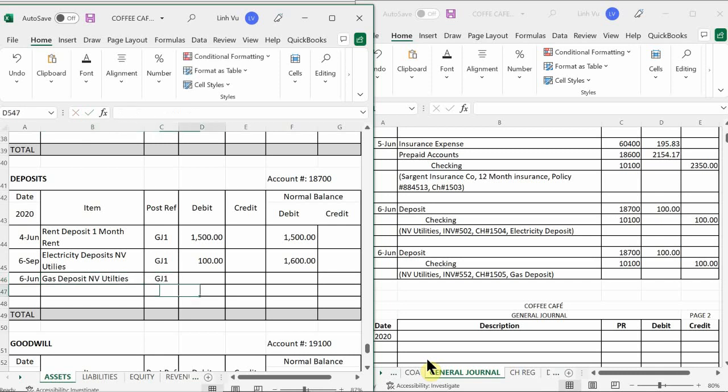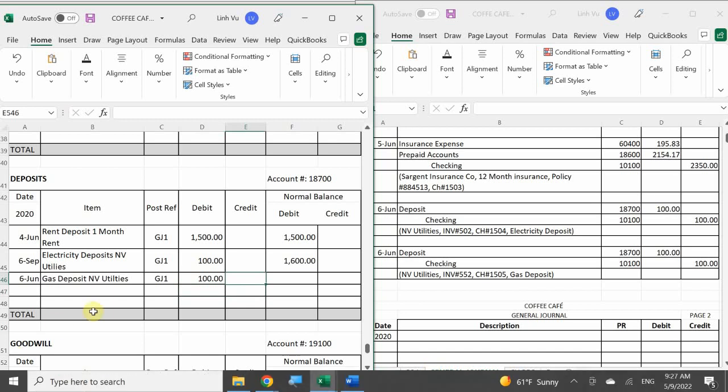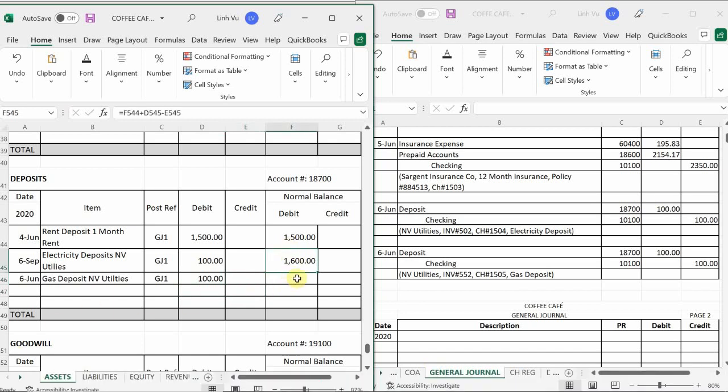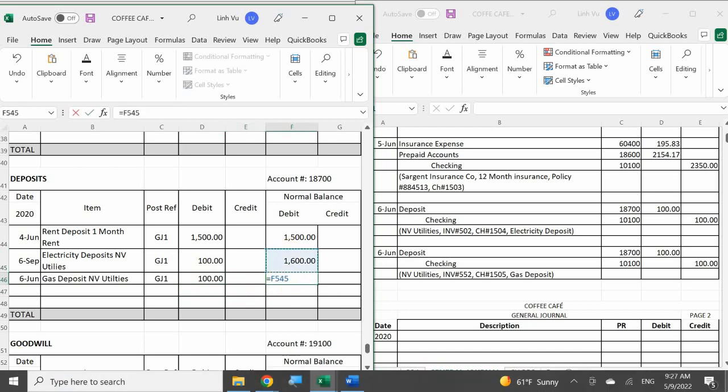Still on the first journal page. And we increased our deposits by another $100. So once again, 1,600 plus 100 gives me a total of $1,700 in my deposits, because I increased it by $100.